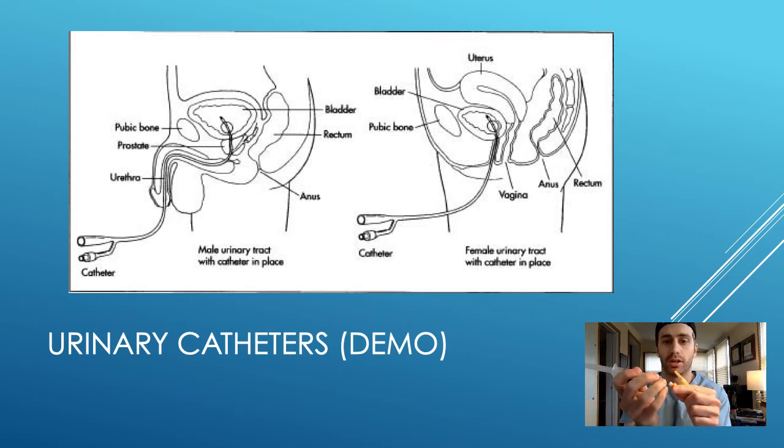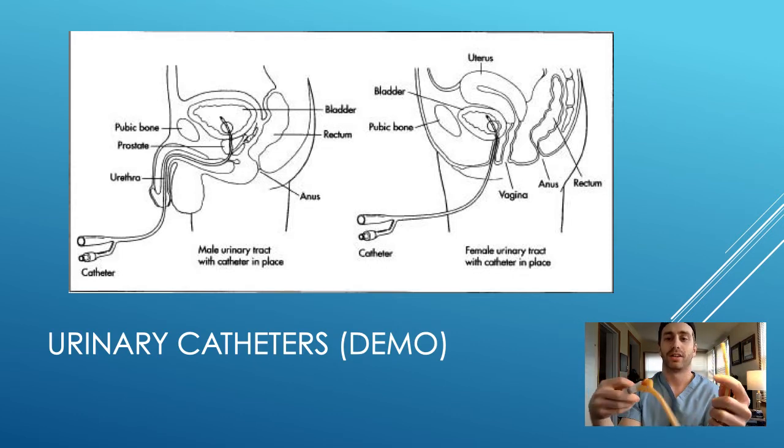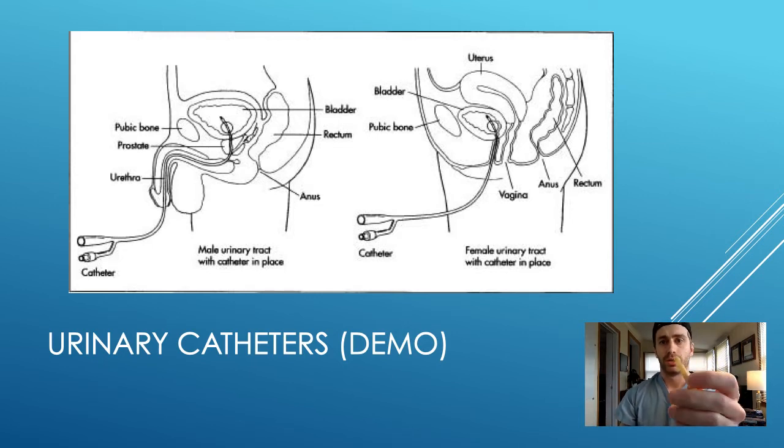You're going to hook this up, not you, but someone will. You're going to hook this up to here. This thing's old, so hopefully it doesn't leak on me. And then right here you can see these little holes. That is where the urine drains into, and then it comes down and drains out.